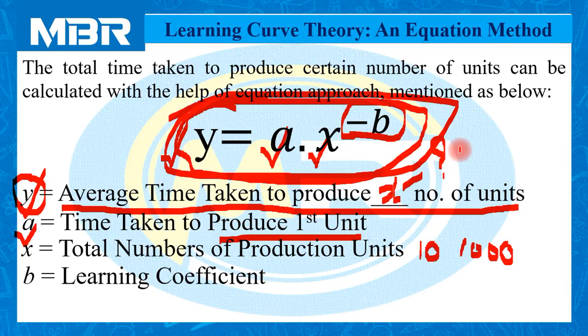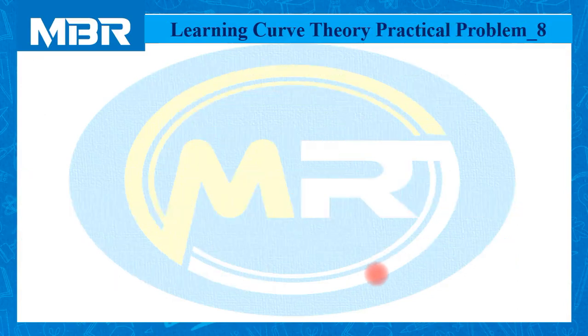One more important item: for the solution of the equation method, we need logarithms, that is a log table, because we have to check values of log and anti-logs. After discussion of the equation, let us move to the first practical question in order to understand application of this equation.